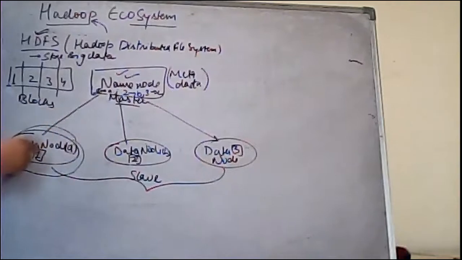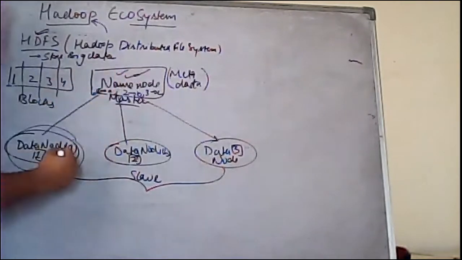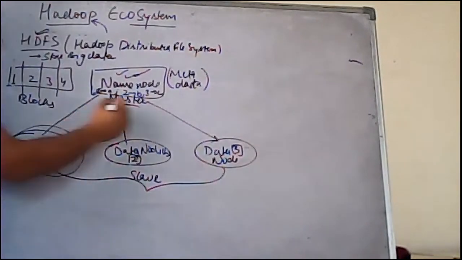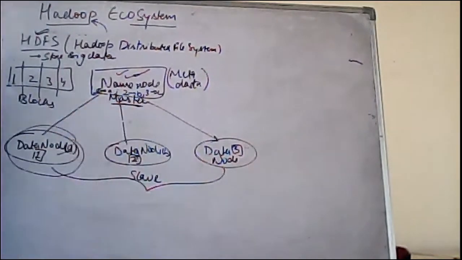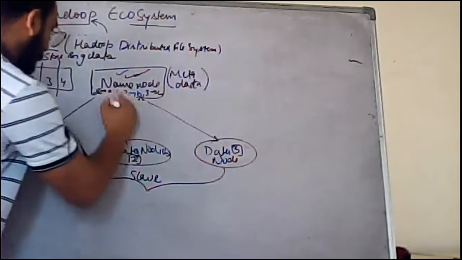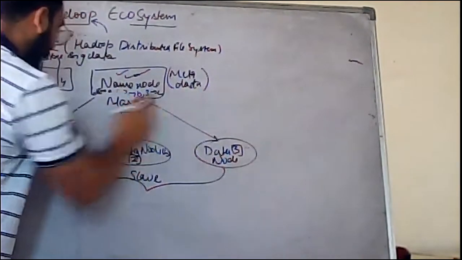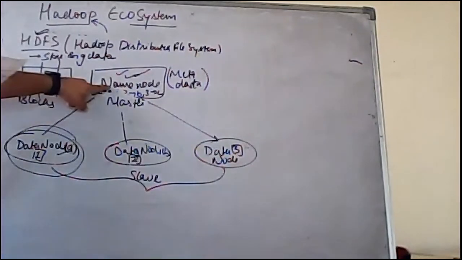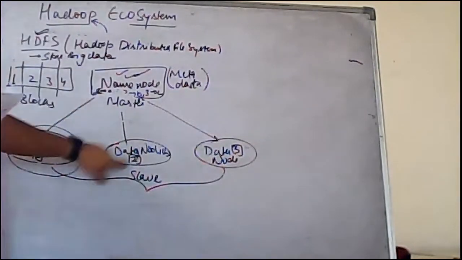There are two components, the name node and the data node. The name node is called the master, and these data nodes are your slaves. Actual data will be stored in your data nodes.